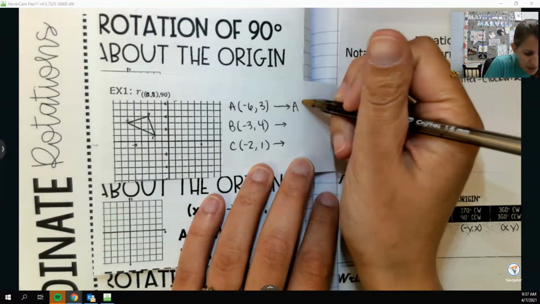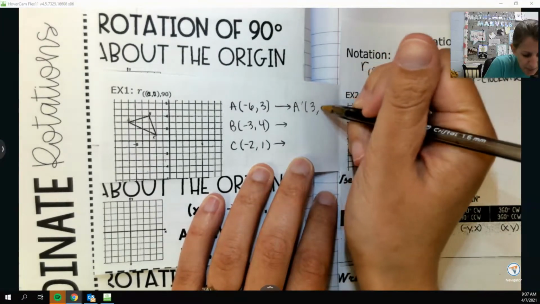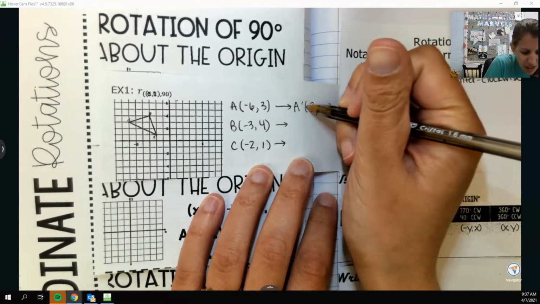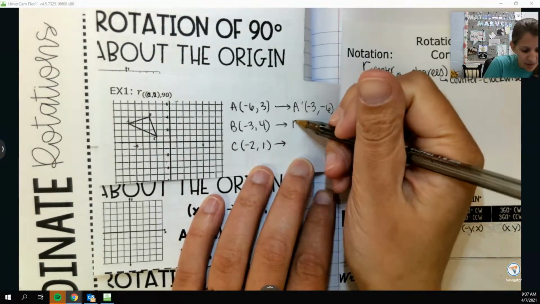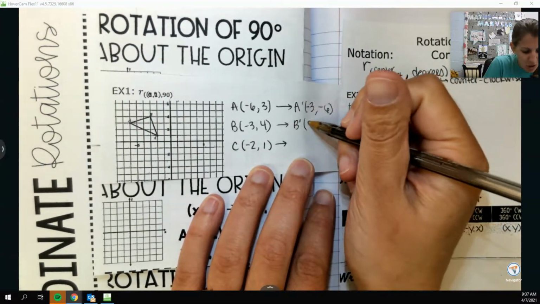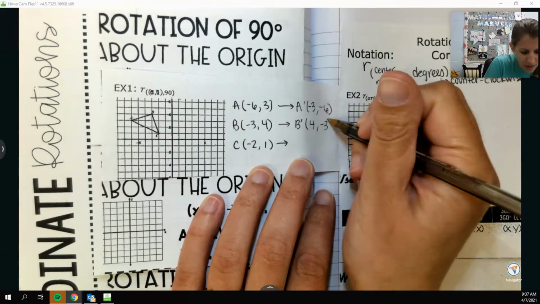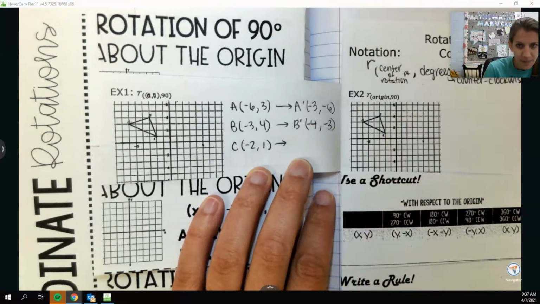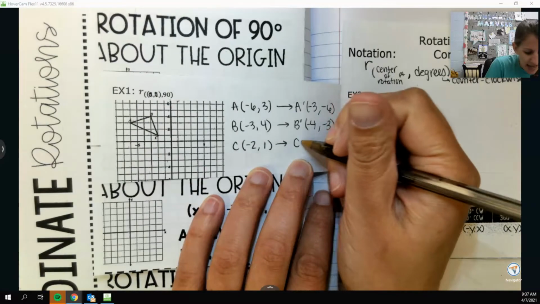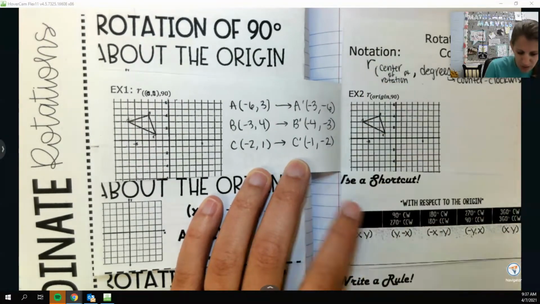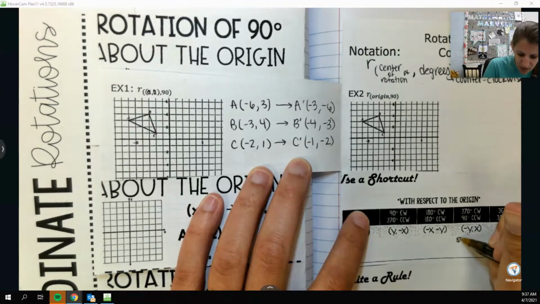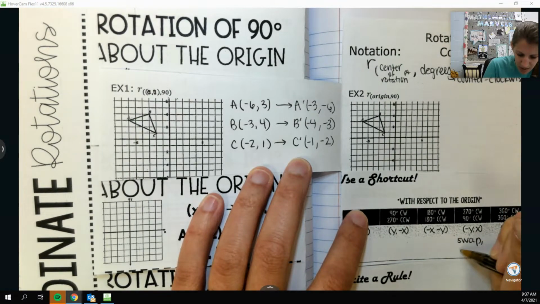So A prime, if I swap and then change the first sign, there we are. B prime, if I swap and then change the first one, and then C prime, I'm going to swap and then change the first one. So counterclockwise, we swap, change the first sign.